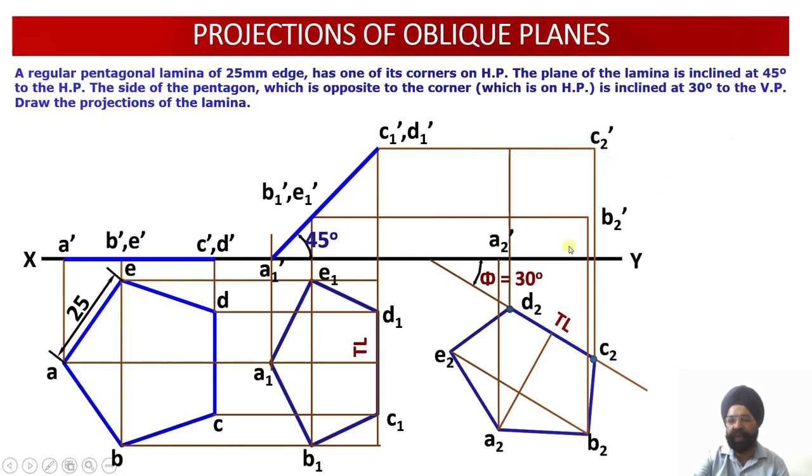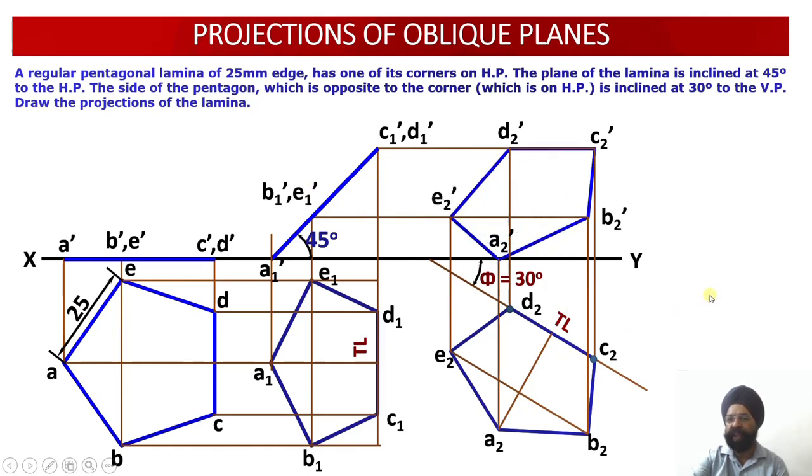Then you have the D2 projector. So the vertical projector through D2 you draw, wherever it intersects with the horizontal projector which is coming from the D1 dash, that is the previous elevation projection, this will give you the location of D2 dash. And finally E2, just see E2 lies here. Draw the vertical projector through E2, and then wherever it intersects with the horizontal projector line drawn through E1 dash, you get the location of E2 dash.